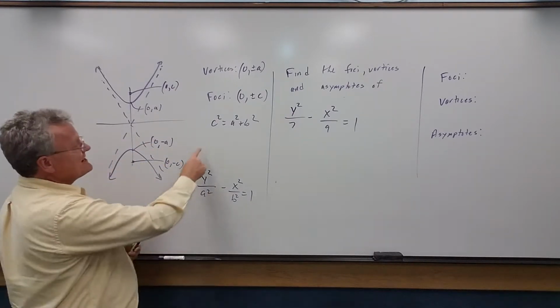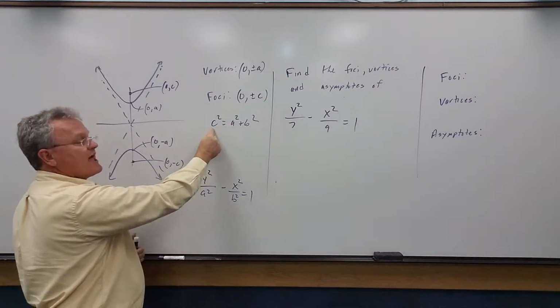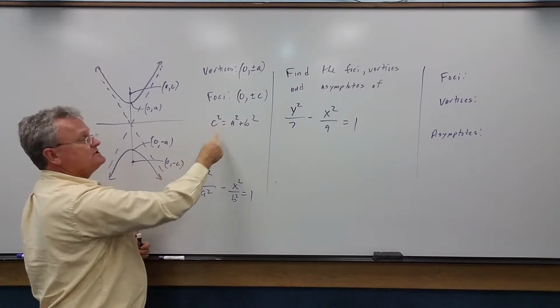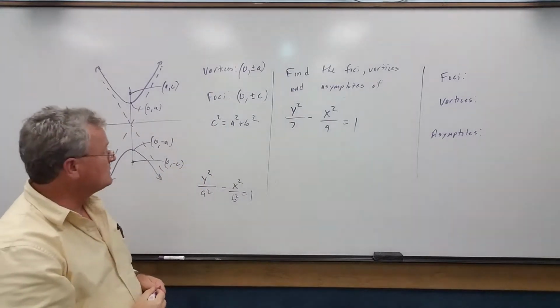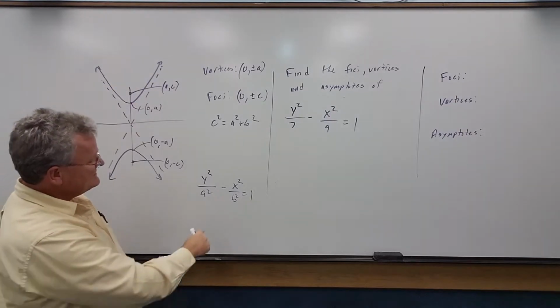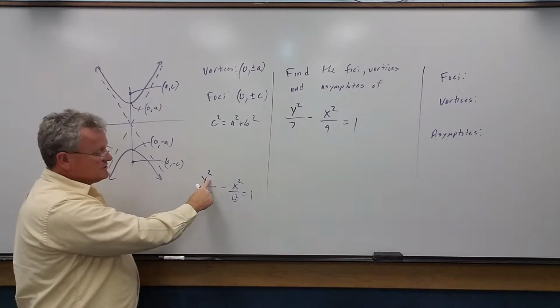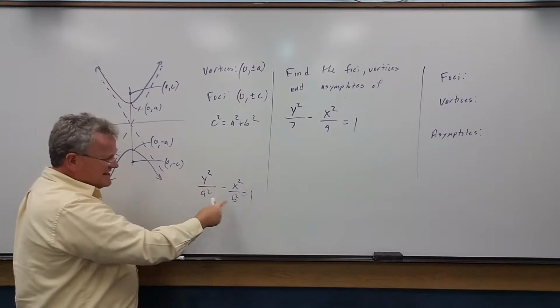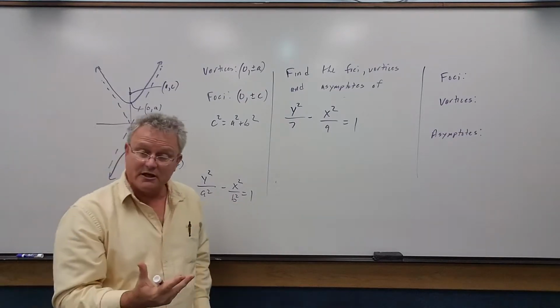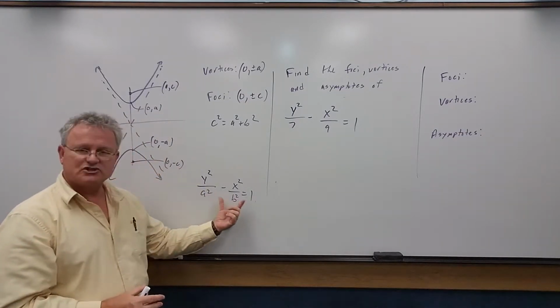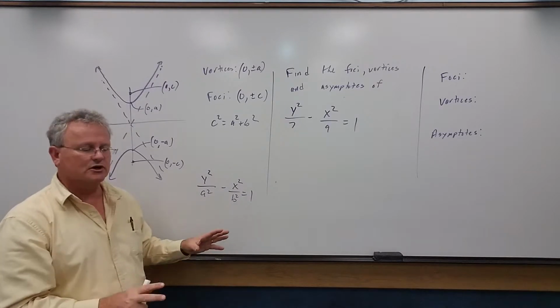Again, c is the largest of the numbers, so the Pythagorean relation is c squared equals a squared plus b squared. In this case, the y squared comes first before the x squared. The a and b, like with ellipses, it doesn't matter which number is larger. That's not what we look at.